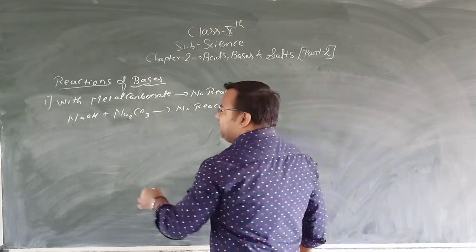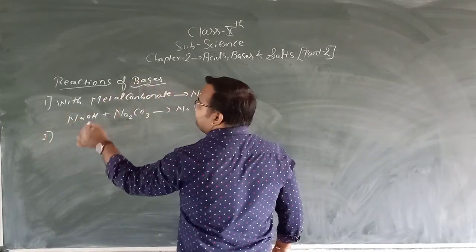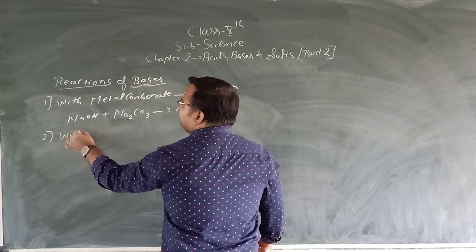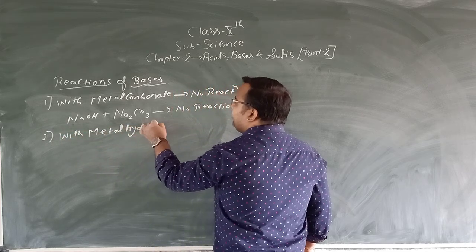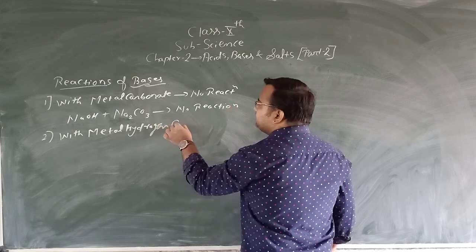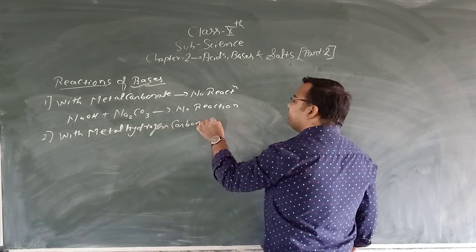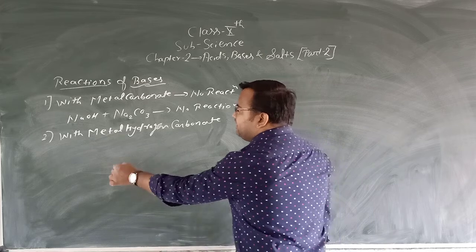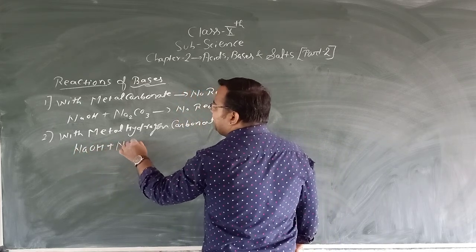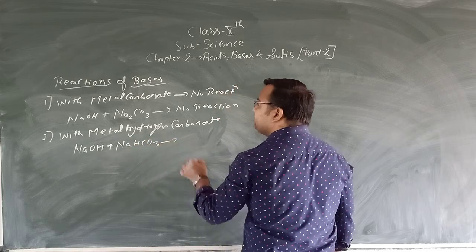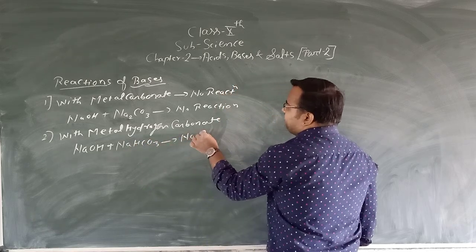Again, we'll take an example of the reaction of bases with metal hydrogen carbonate. The reaction of a base like NaOH with metal hydrogen carbonate NaHCO3, the answer will again be no reaction.